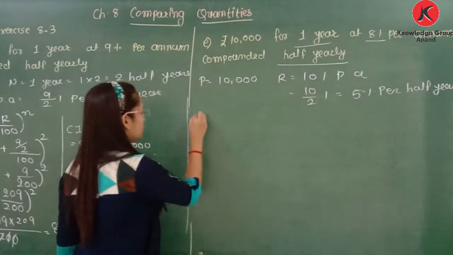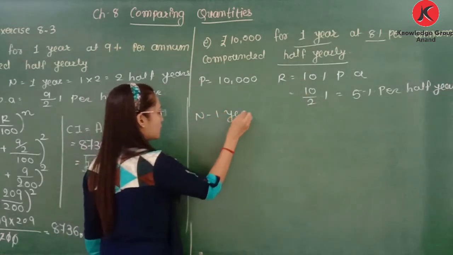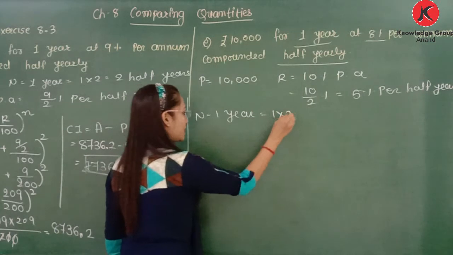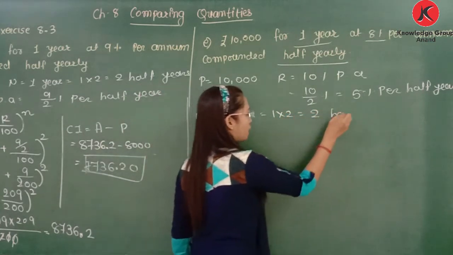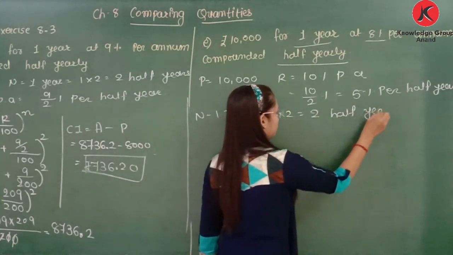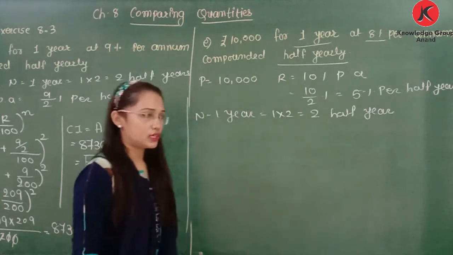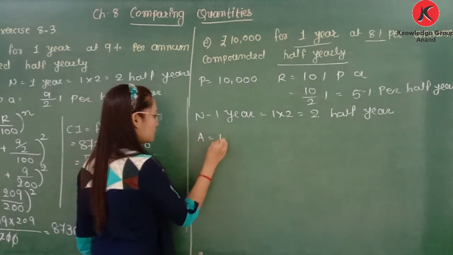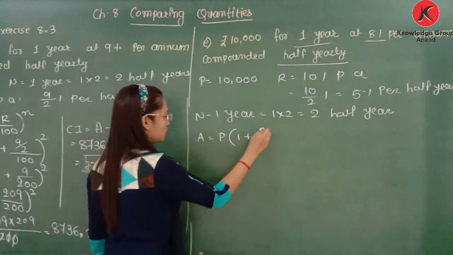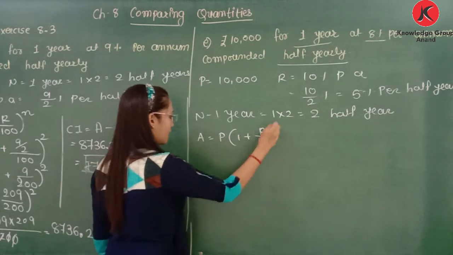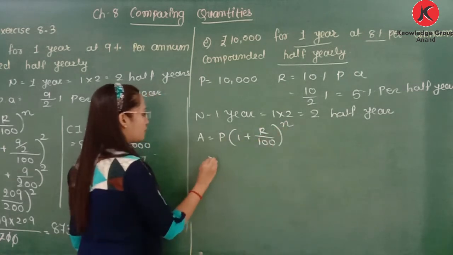And N, that is 1 year, is equal to 1 multiplied by 2, that is 2 half years. Now we write the equation: A is equal to P times the bracket 1 plus R divided by 100, raised to N.